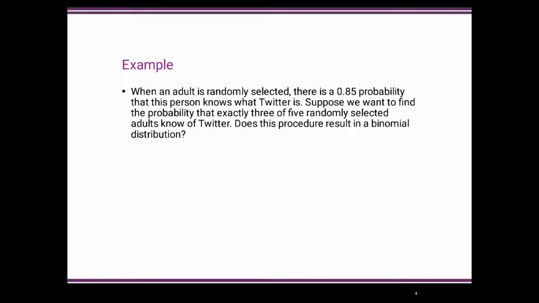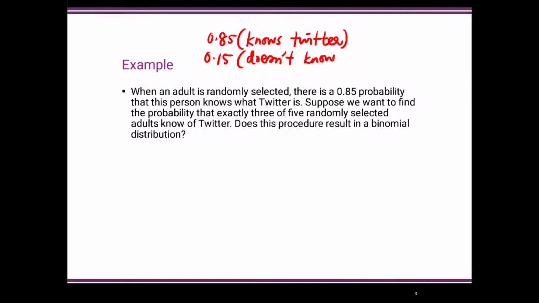Okay, well, it looks like it can be represented by a binomial distribution because you can write that 0.85 knows Twitter. And you can straight away figure out the other probability, doesn't know Twitter.